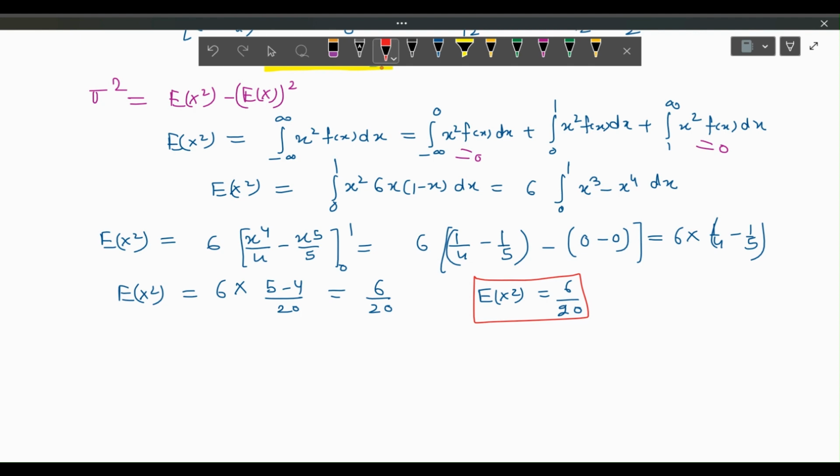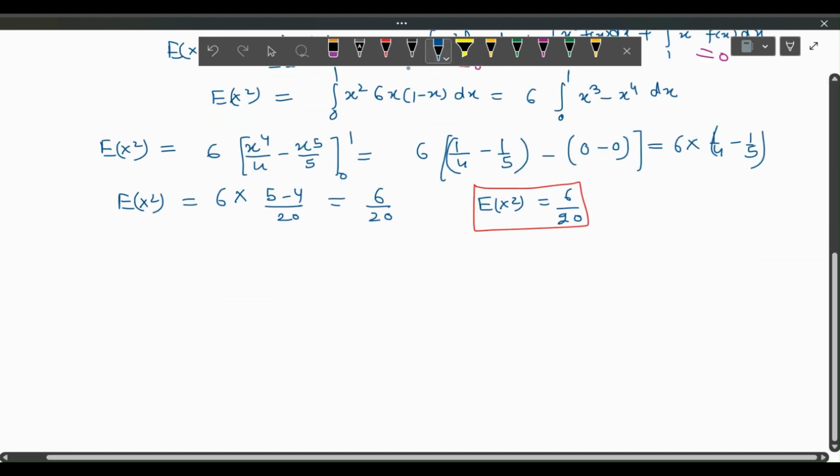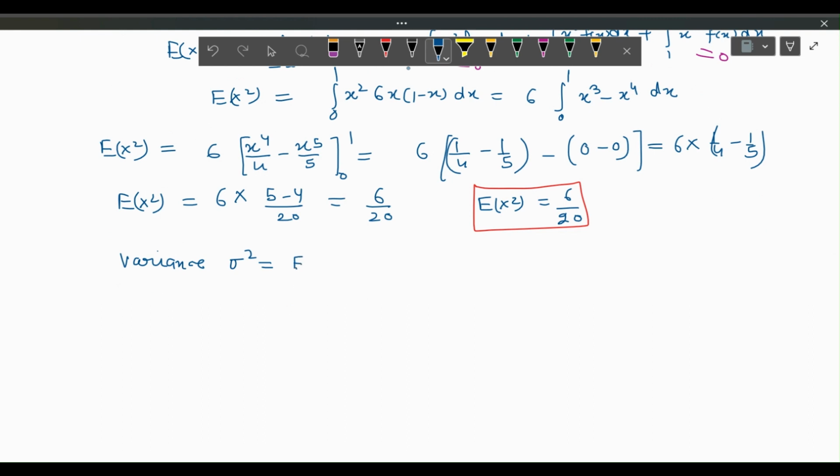Now for variance we have to calculate sigma square, which is expectation of x square minus E of x whole square. Put the values of E of x square and E of x.